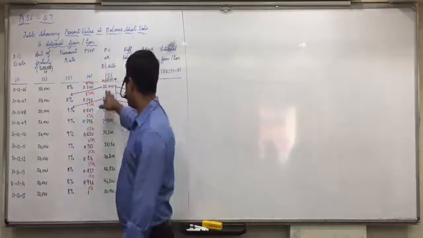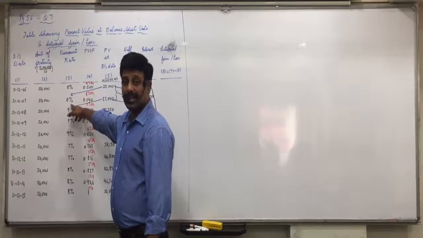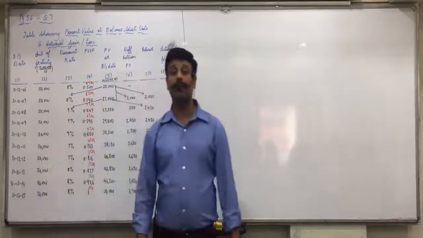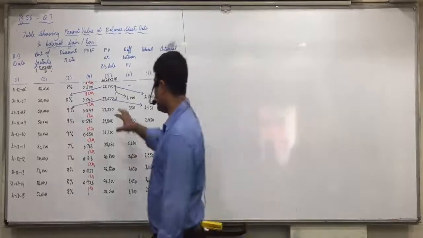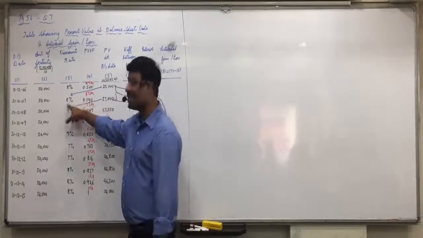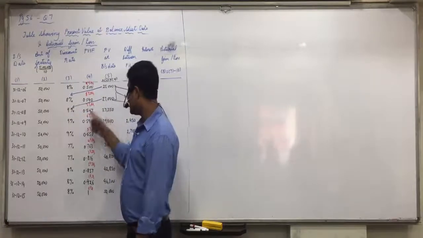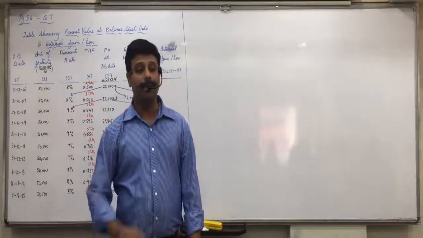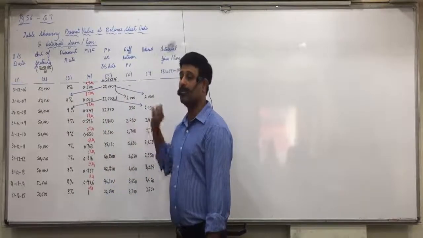When you kept the money aside at the rate of 8% and you start earning 9%, it's your gain. You believed you'll invest it at the rate of 8% to get 50,000. But next year you start getting 9, it's your gain. So there you will have difference between these two amounts.